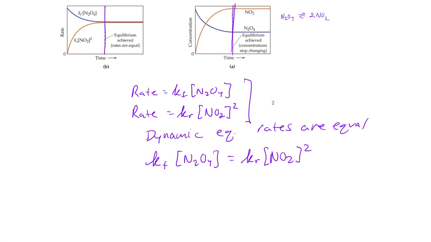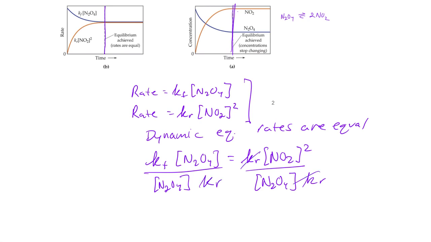But we can also do one more manipulation from this. Let's divide both sides by the N2O4 concentration, and also divide by K sub R. So basically, I'm taking our rate constants, putting them on one side of the equation, and putting their concentrations on the other.